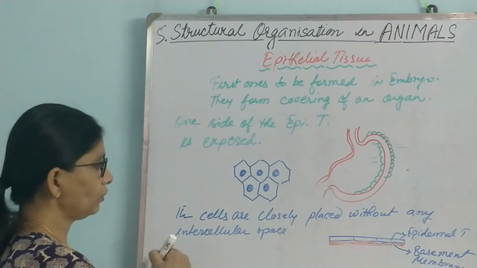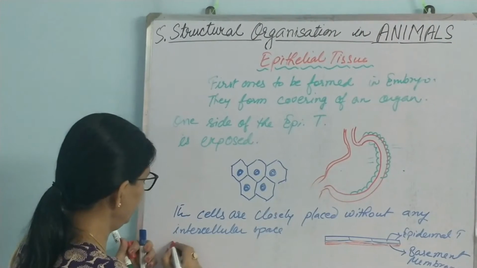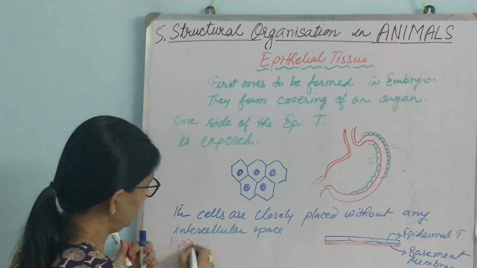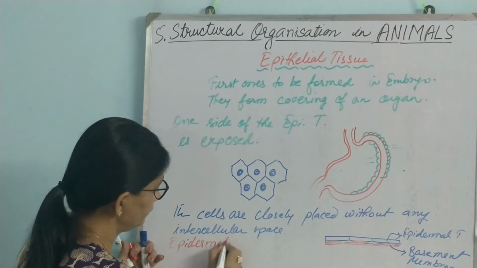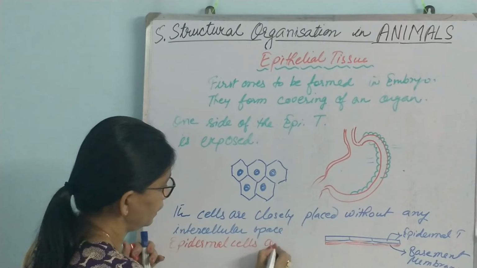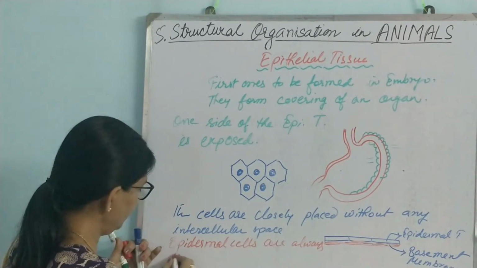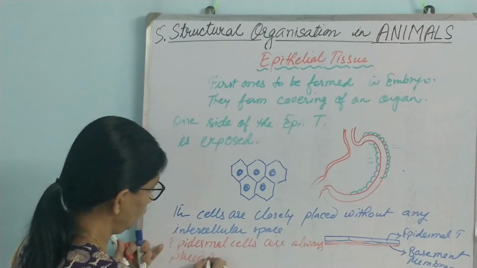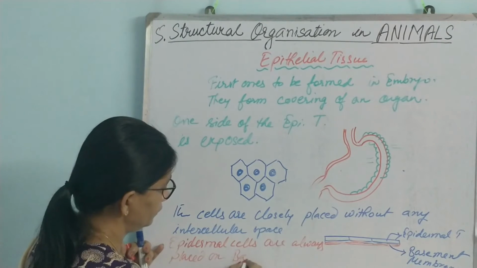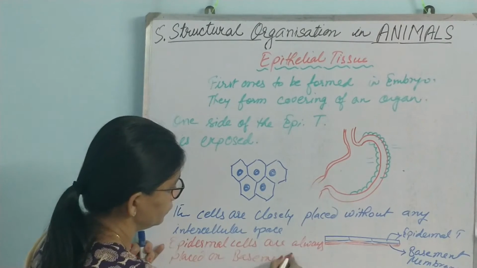So the next important point is epithelial cells are always placed on the basement membrane.